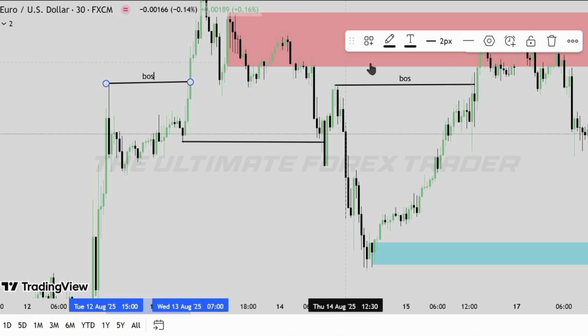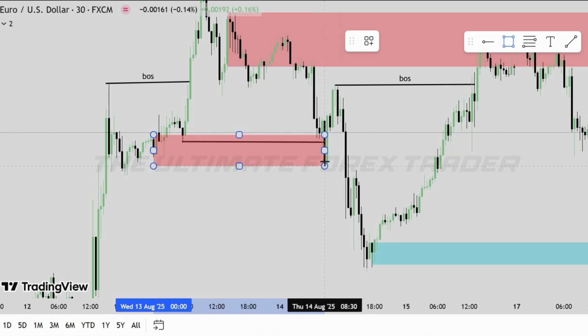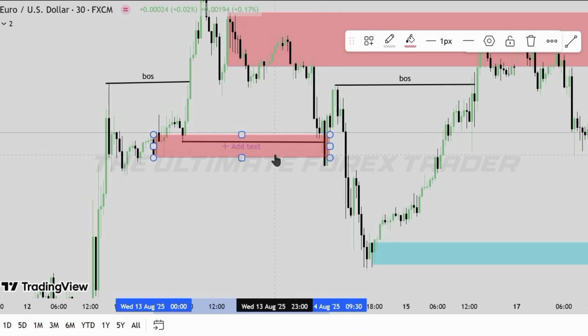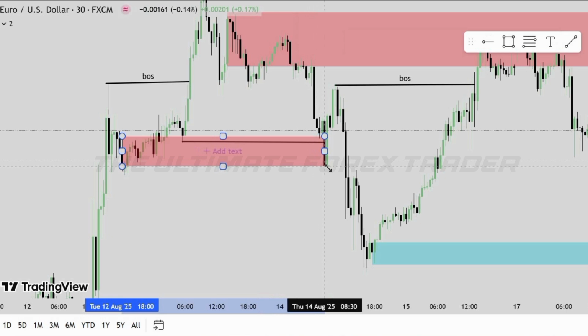It can be easier for you to identify as I go along. You can see this impulsive bullish move to the upside. We're looking for the last candle that was respected, and you can see this was also respected. No, actually, let's move lower. If you move lower, you can see this candle was respected as our order block.